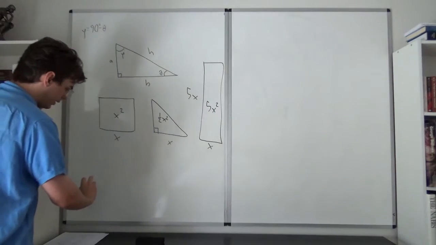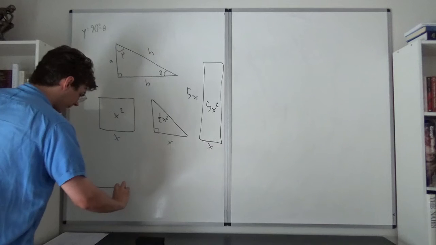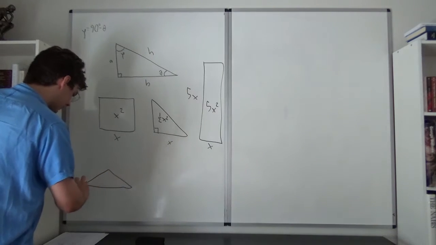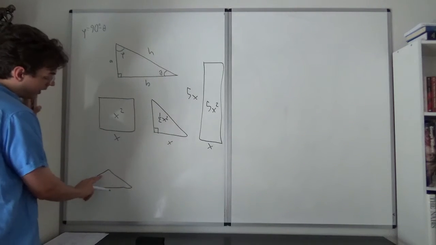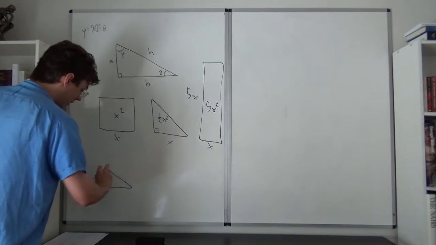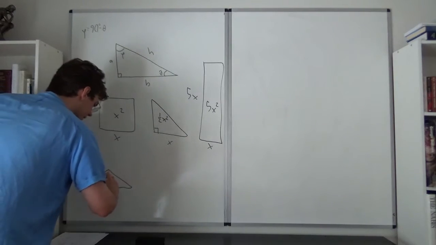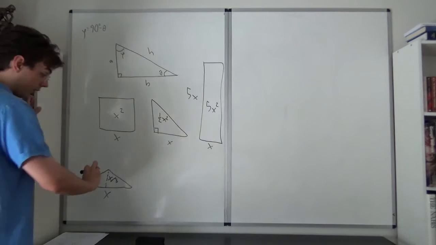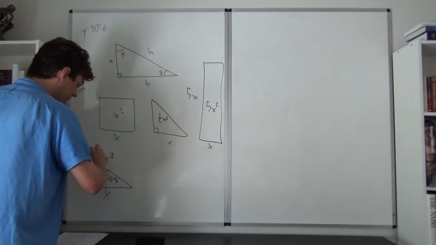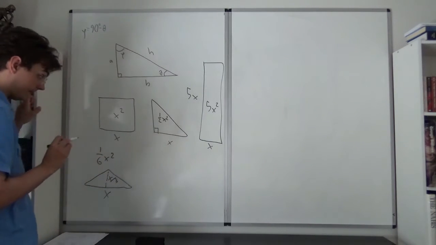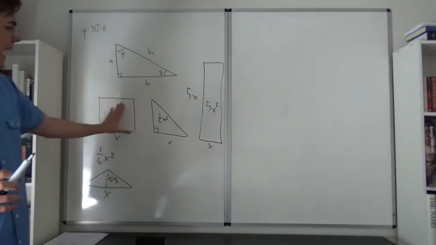What is it like when I have a right triangle, an isosceles triangle, where this height here is, let's say, x divided by 3? Then I'll know the area is 1/6 x squared. So I'm starting to see a pattern here.